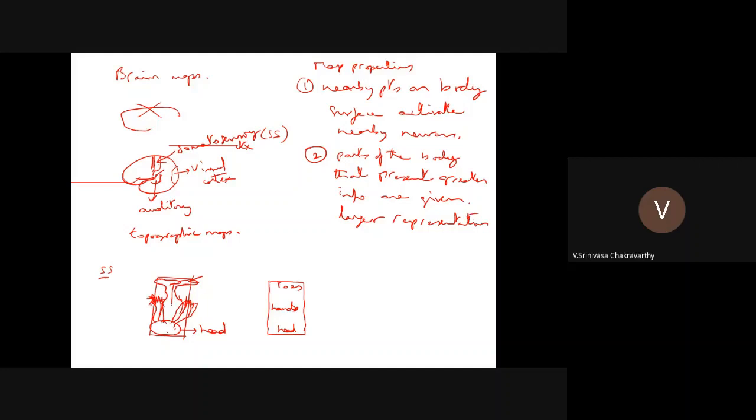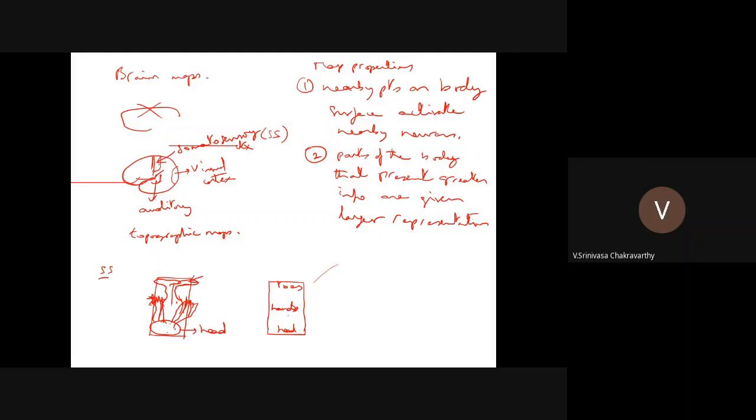If you look at the hands, there are a lot of touch sensors inside the hands. Therefore, the hands are given a huge area in this map. Similarly, the feet, and the head region also has a very rich distribution of sensors, especially the face part. So these regions have large representations. Whereas the trunk, although it's physically very large, doesn't have too many receptors. In terms of receptor density it is much smaller compared to, for example, your fingertips. Therefore, the trunk area is quite small. It's given very small representation in this.